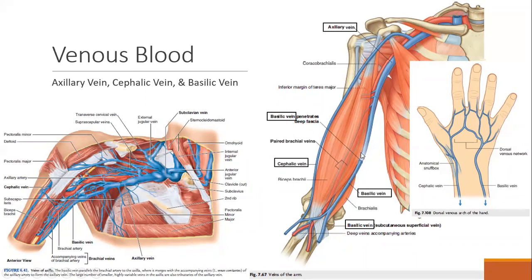Your basilic vein is continuing on as your axillary vein, and then your axillary vein is continuing on as your subclavian vein, and then your subclavian vein is going to join together with your IJV, your internal jugular vein, in order to create your brachiocephalic vein. So these are all interconnected. It's all just a web, a network of vessels, and we're naming them based on where they are, so we better understand what part of the vessel you're talking about.